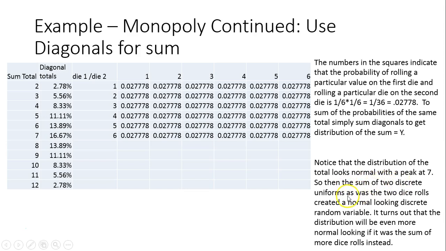So the sum of 2 discrete uniform random variables, the 2 dice rolls, created a normal looking discrete random variable. It turns out that the distribution will be even more normal looking if it was the sum of more die rolls instead. So the more die rolls I sum up, let's say I sum up 10 different die rolls, the distribution will have numbers.